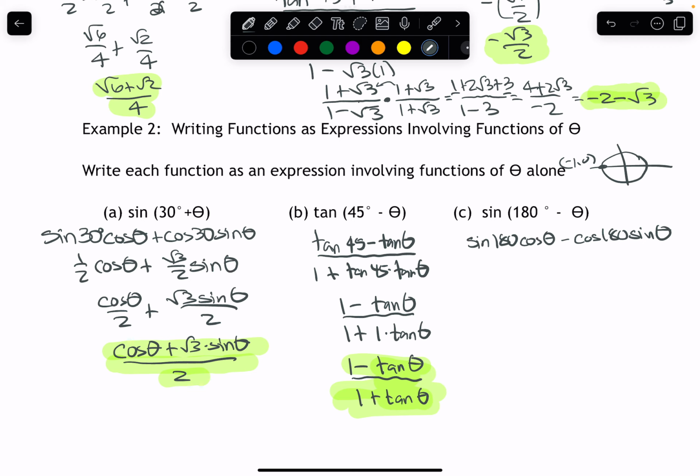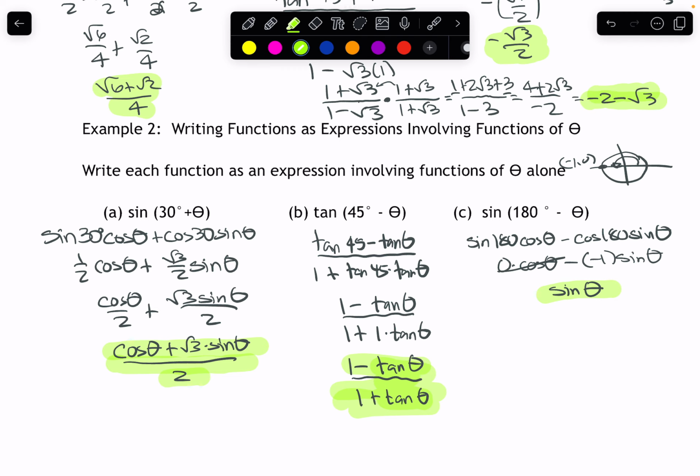Here's 180 degrees, which is the negative x-axis. So the sine of 180 is the y-coordinate, 0, times the cosine of theta. The cosine of 180 is the x-coordinate, negative 1, times the sine of theta. That's nothing. So negative times negative becomes positive, and our answer is just sine of theta.